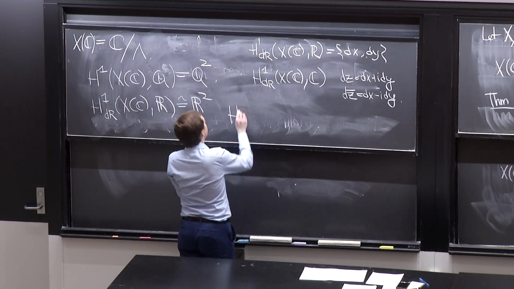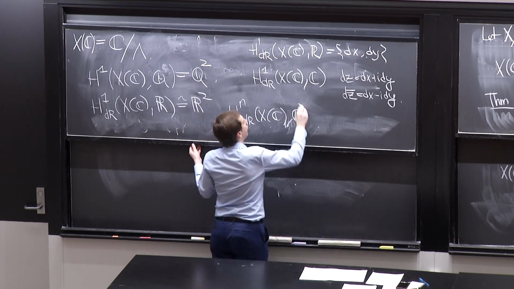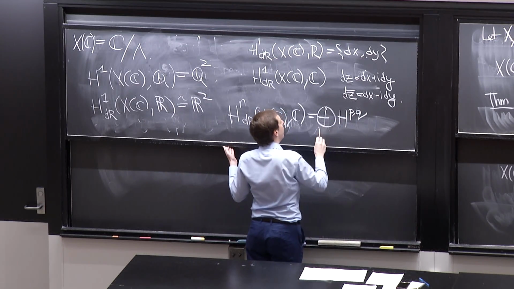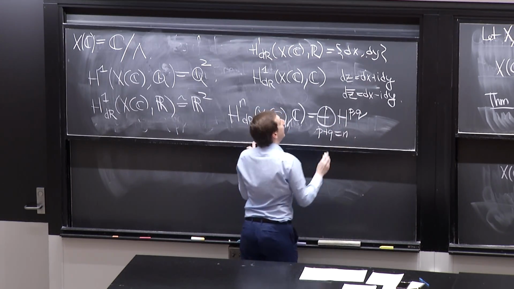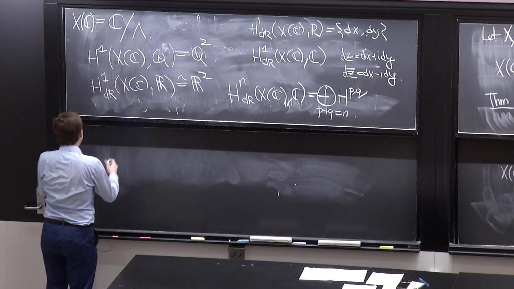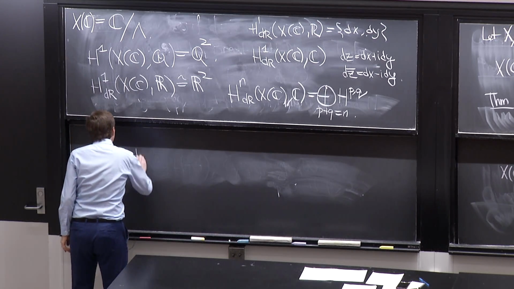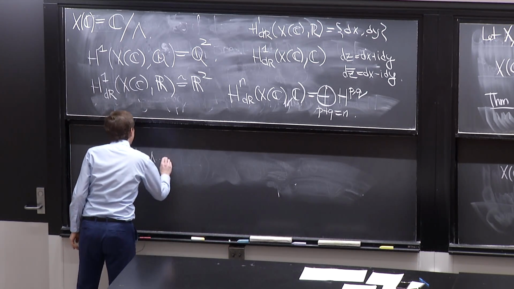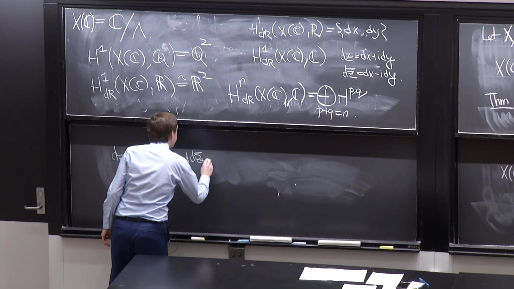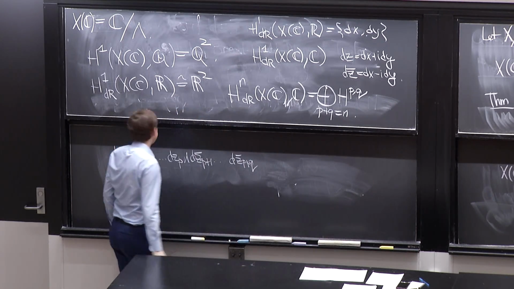And more generally, H^n will have a decomposition into a sum of spaces H^{p,q}, where p plus q is equal to n. And classes in there are realized essentially by harmonic functions times differentials of the form dz1, dz2, up to dzp, and d z-bar p plus 1, up to d z-bar p plus q.